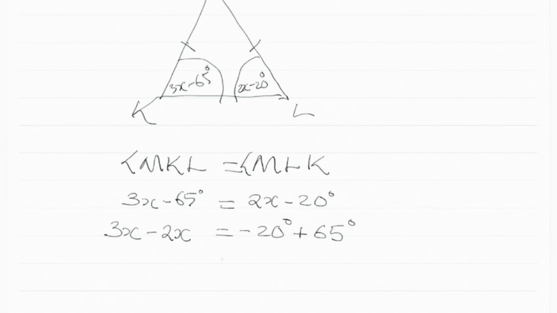There we are. So 3x minus 2x gives us x, which is equal to negative 20 degrees plus 65 degrees. The result is going to be positive. Why? Because you have two integers of different signs. And when you are dealing with two integers of different signs, all you have to do is subtract the smaller one from the greater one, then maintain the sign of the numerically larger. So this will give us 65 minus 20 is 45 degrees.